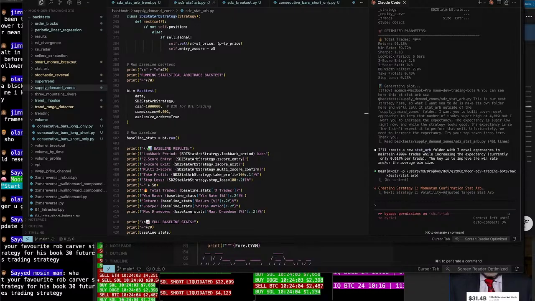Wow, dude, this is good. I'll create a new StatArb folder with 7 novel approaches to maintain the 4,000 trades. I like the lots of trades so far.